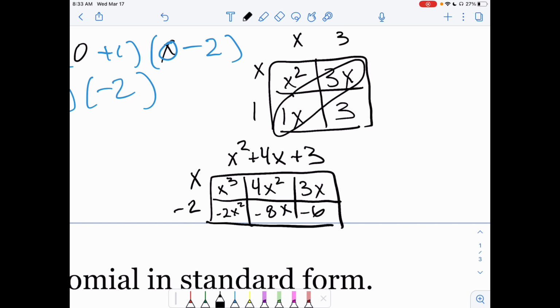Now let's combine our like terms and write this in standard form. That's one set of like terms. Here's another set of like terms. So my final answer is going to be x cubed plus 2x squared, because I combined my terms in purple, minus 5x, because I combined my terms that were in green, minus 6.